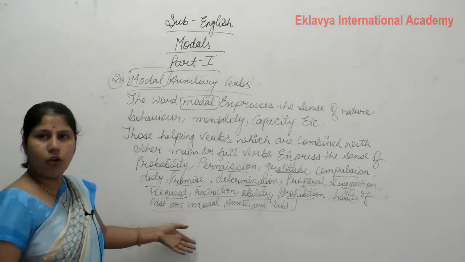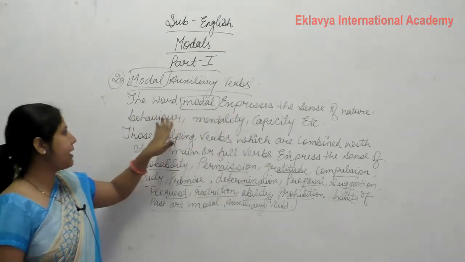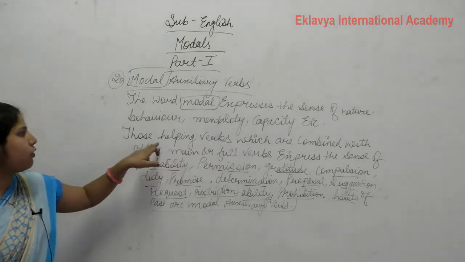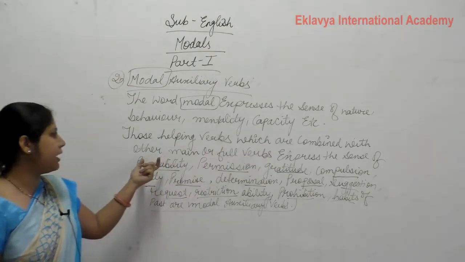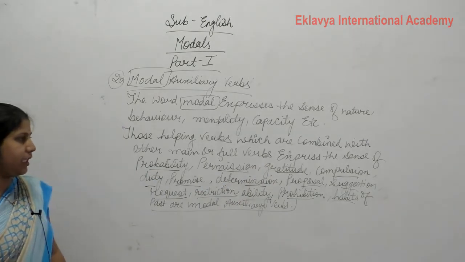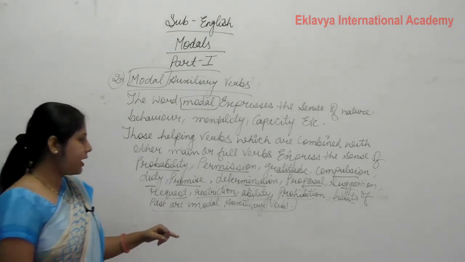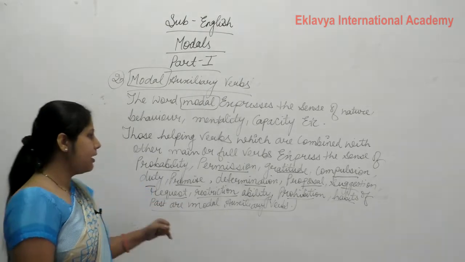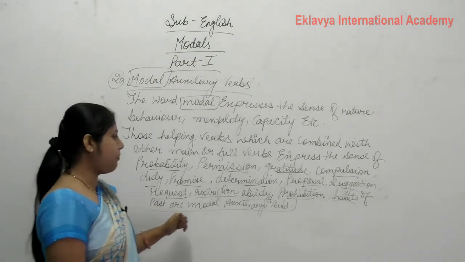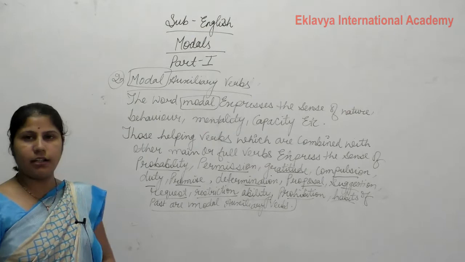Okay, so you all write down. The word modal expresses the sense of nature, behavior, mentality, capacity, etc. Those helping verbs which are combined with other main or full verbs express the sense of probability, permission, gratitude, compulsion, duty, promise, determination, proposal, suggestion, request, restriction, ability, prohibition, habits of past are modal auxiliary verbs.